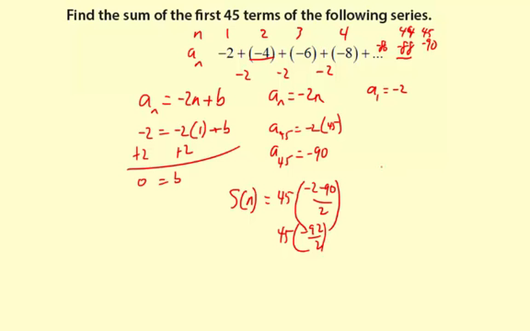So it's going to be 45 times -46. And you can certainly use a calculator for this. -2070 is the sum of the first 45 terms of the sequence.